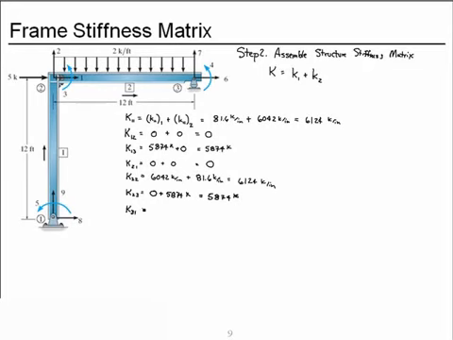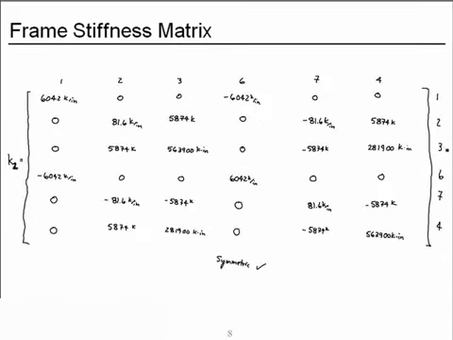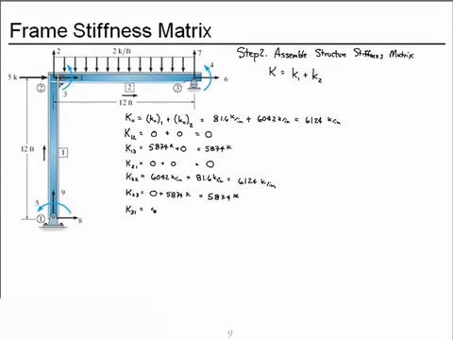Third row, K31, row 3, column 1 from member 1, and from member 2, row 3, column 1 adds 0. And so we have 5874 kips plus 0 equals 5874, our structure stiffness coefficient.